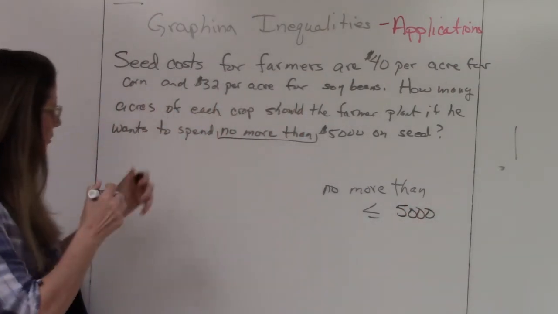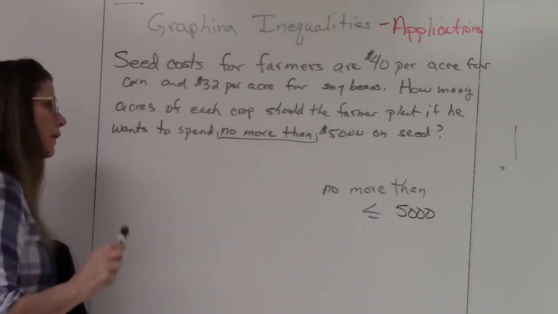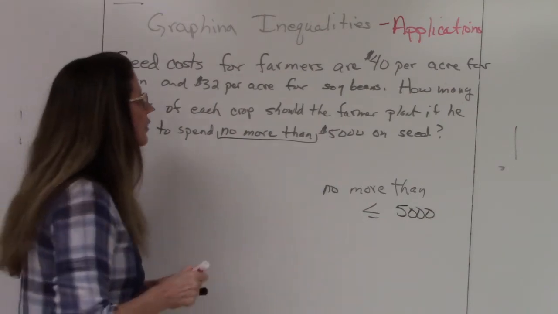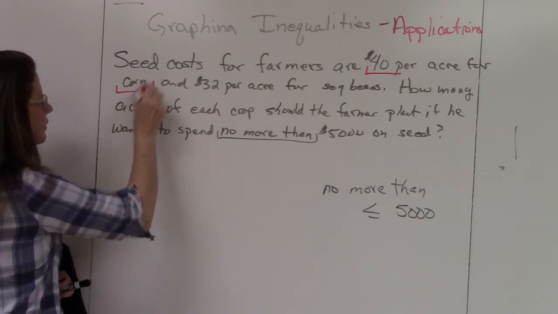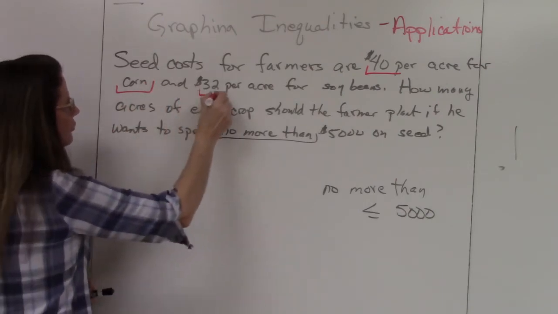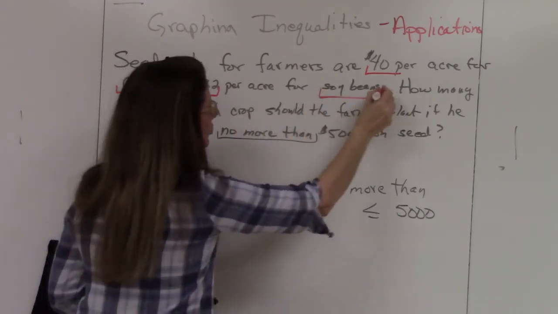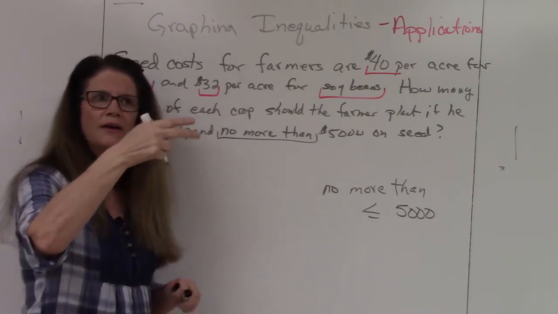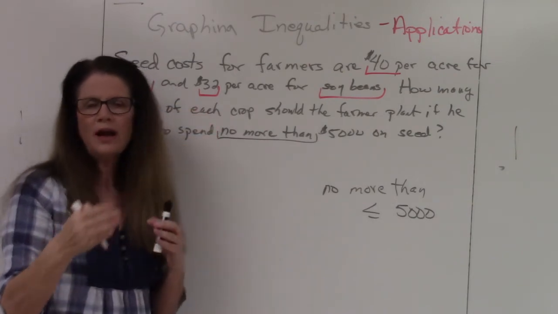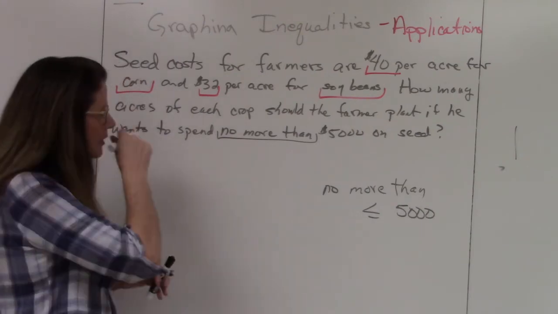Now, we need to go back and see what kind of information you're going to need. Well, you have $40 per acre for corn, and you have $32 per acre for soybeans. So those are your two variables. You want to know how many acres of corn and how many acres of soybeans.